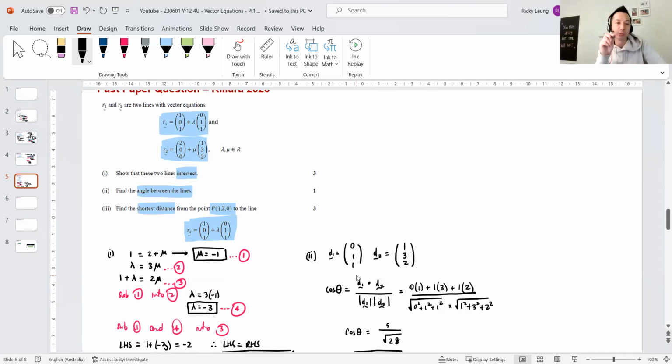Next question, find the shortest distance between... The phrase shortest distance, you'll see quite commonly in other questions. They use perpendicular distance, shortest, same thing, right?